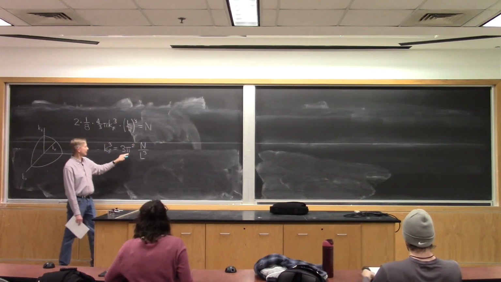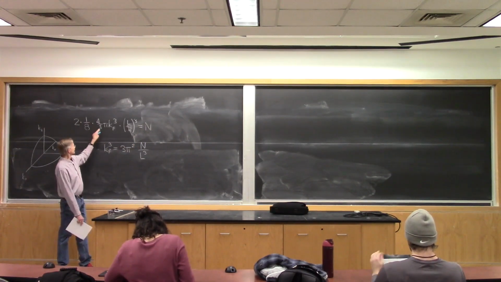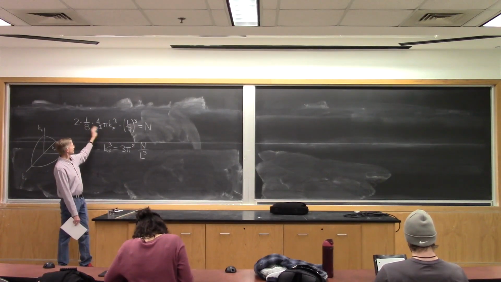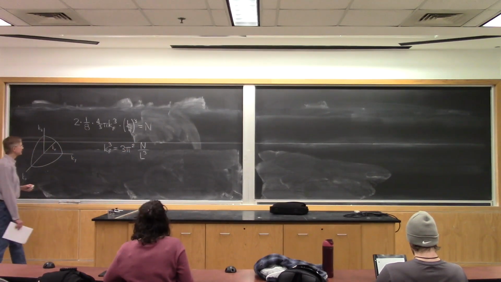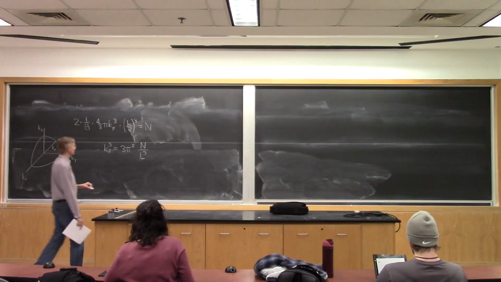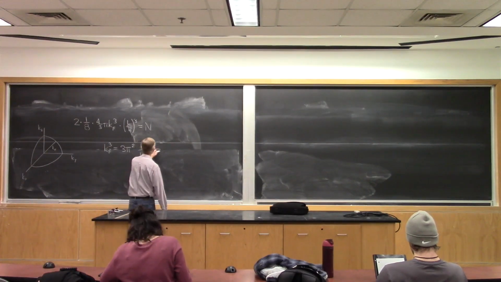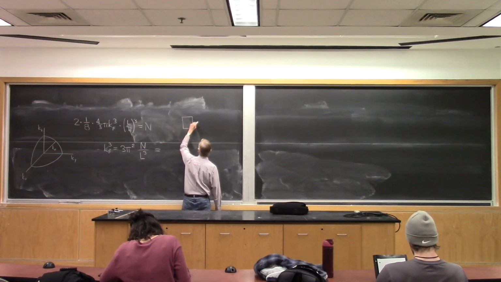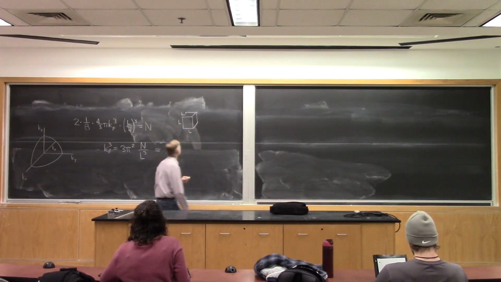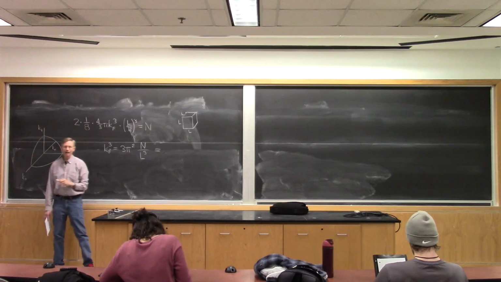Multiply it through to the other side, we get that pi squared there. This 3 in the denominator is the only numerical coefficient that survives on the left, so it comes in as a 3 on the right. So k Fermi cubed is 3 pi squared times the number of particles divided by L cubed, where remember that our particles are in our cubical box, which is a cube of side L.